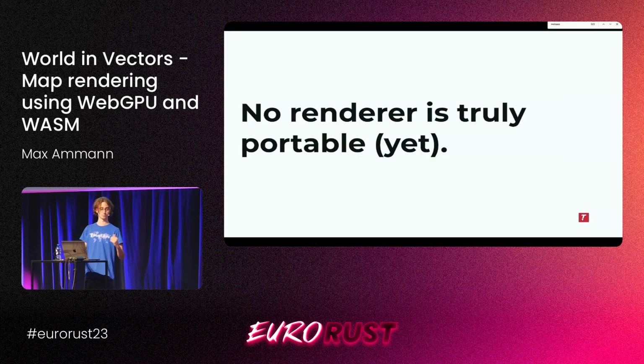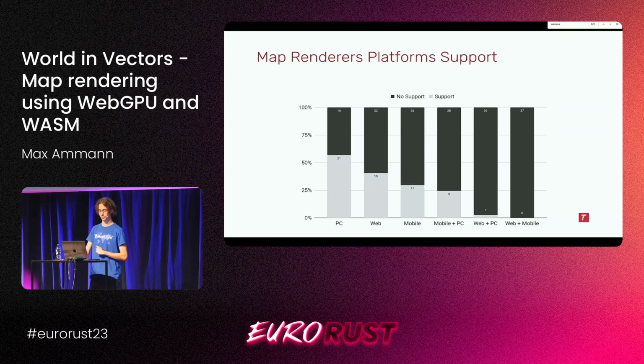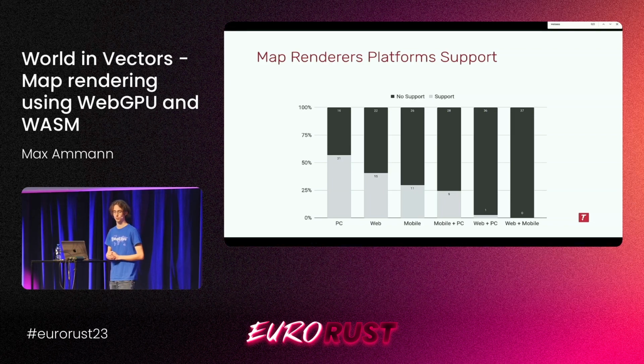There is no portable renderer as of now. The reason is that if you combine several platforms, you get fewer and fewer renderers which support the set. There are quite a lot of map renderers which work in the browser, but they most likely only work in the browser. So if you want a renderer which works on your phone and in a browser, you suddenly don't have any.